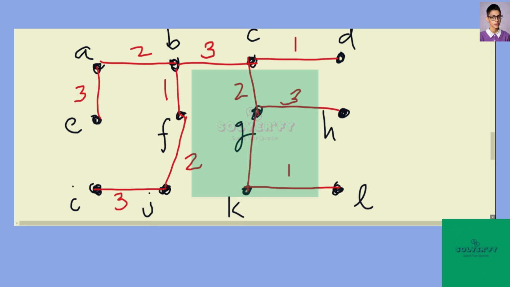So either the tree with vertices C, D, G, H, or the tree with vertices K and L. And we see that the weights of edges connecting the trees are always 3. So we need to choose the 2 edges that come first in the lexicographic order by Sollin's algorithm.